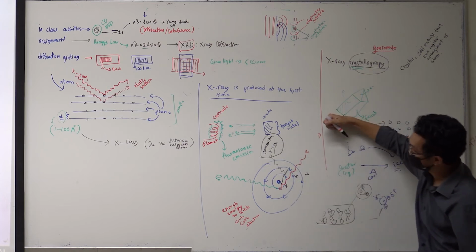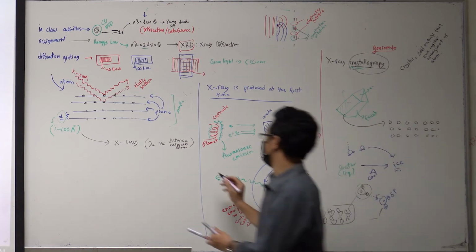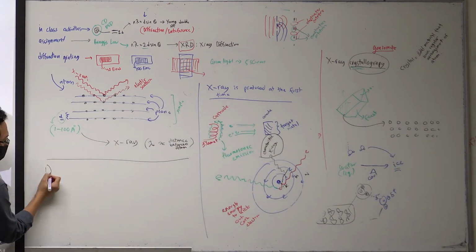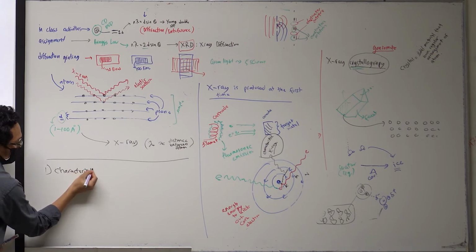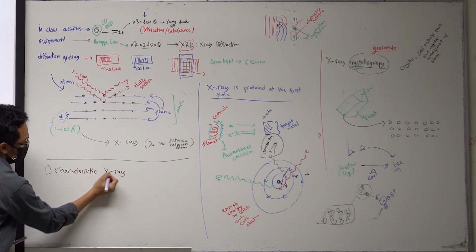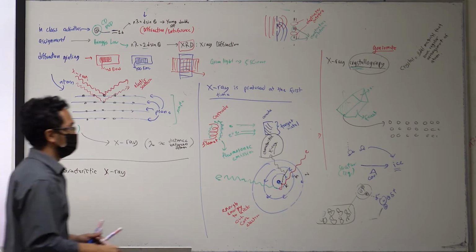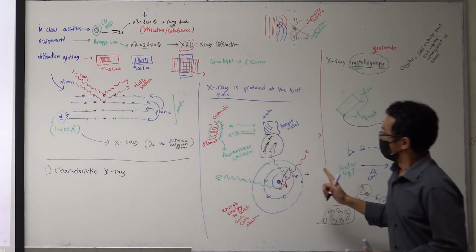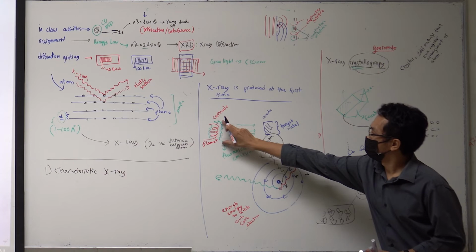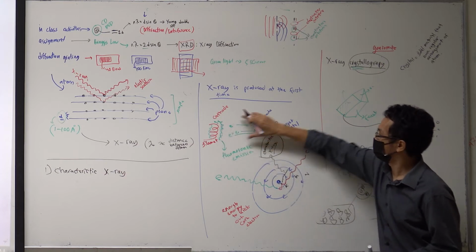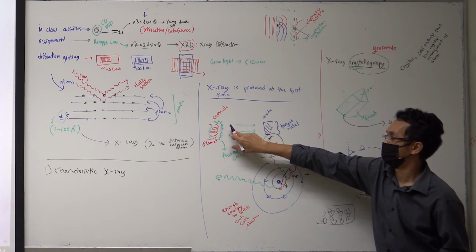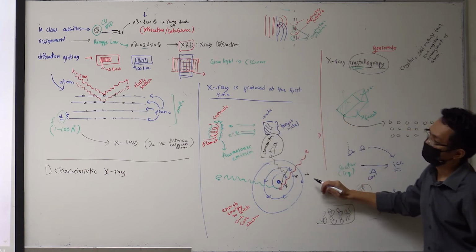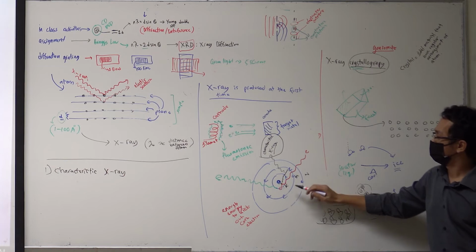Okay, so this is one way to produce X-ray, characteristic X-ray. But majority, when you expose this target metal with this cathode, this electron coming here, not all become like this.